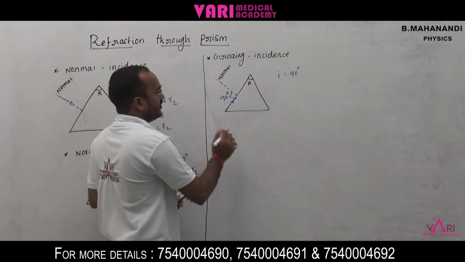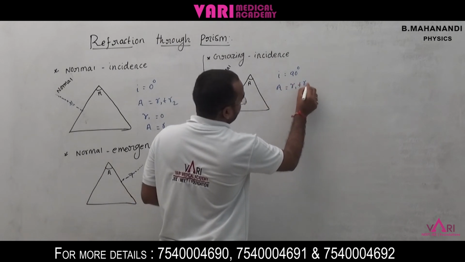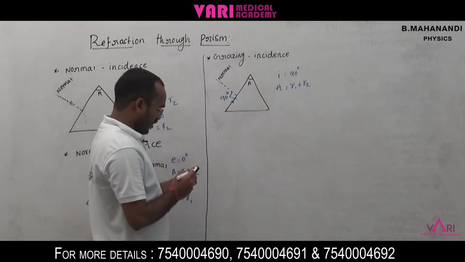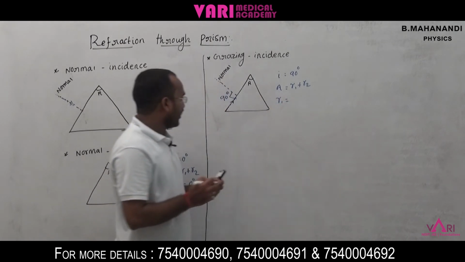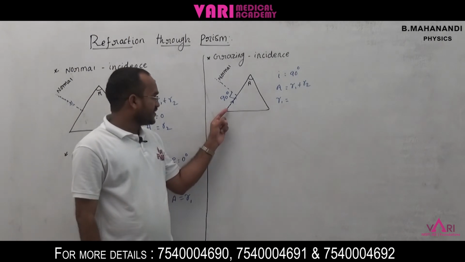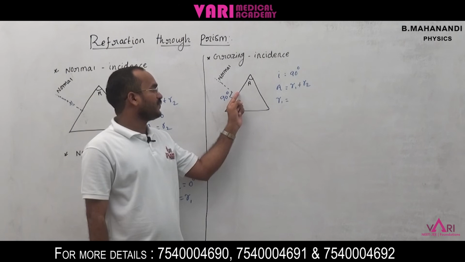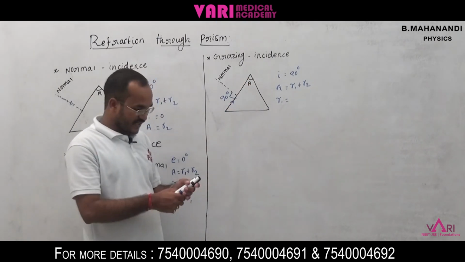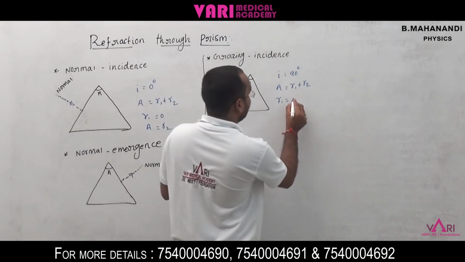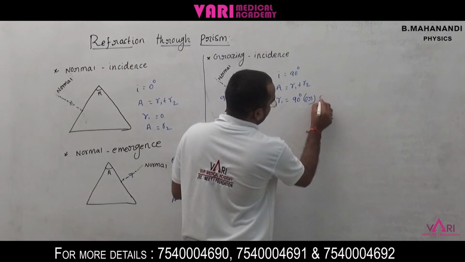The angle of the prism A equals R1 plus R2. Now the incident ray is passing along the grazing direction, so the refraction angle R1 is the critical angle.